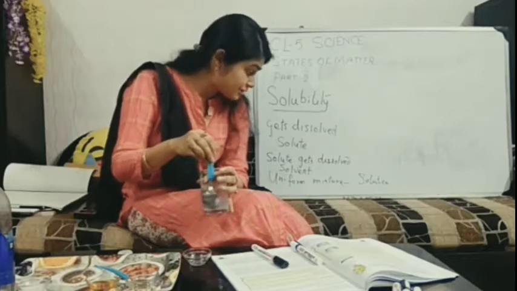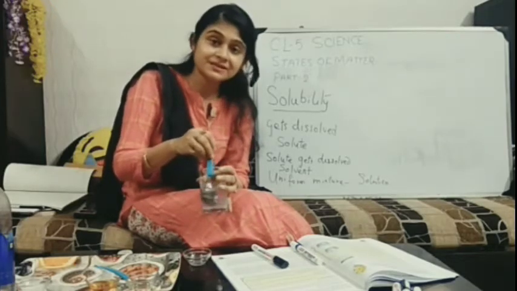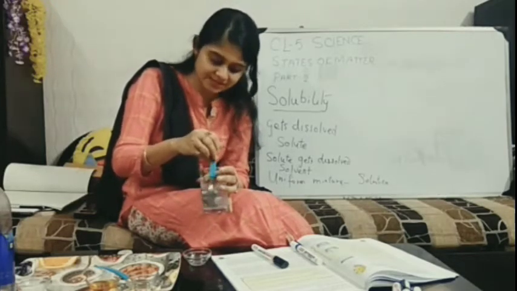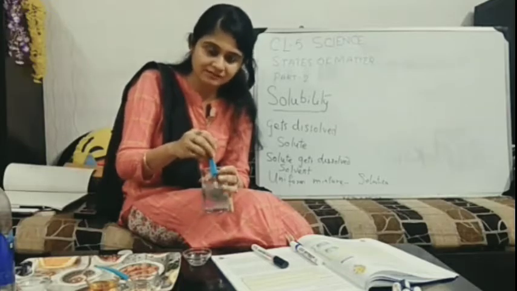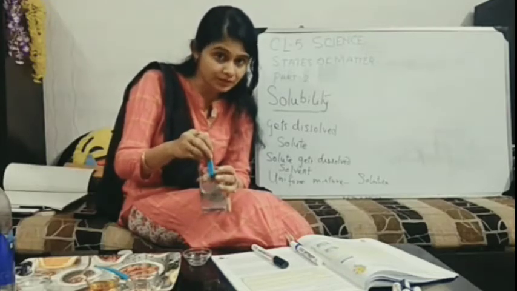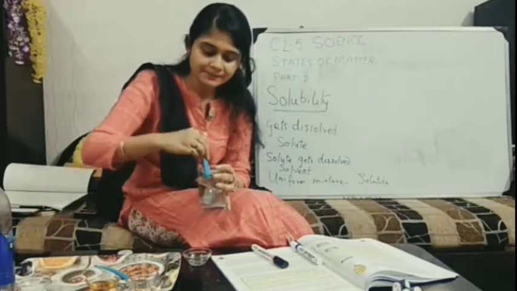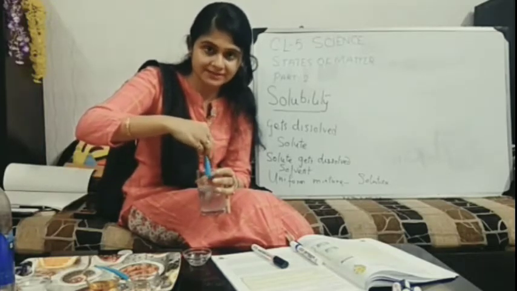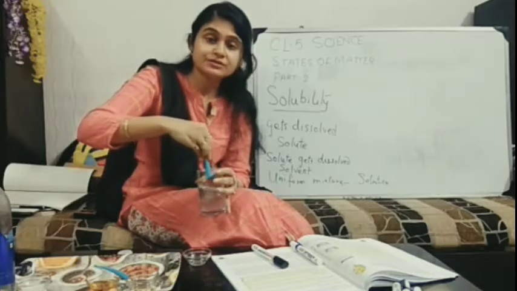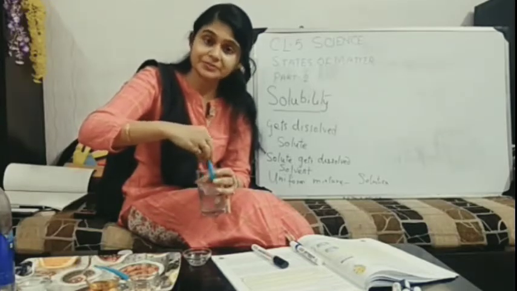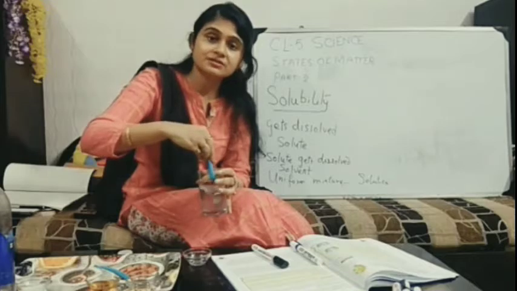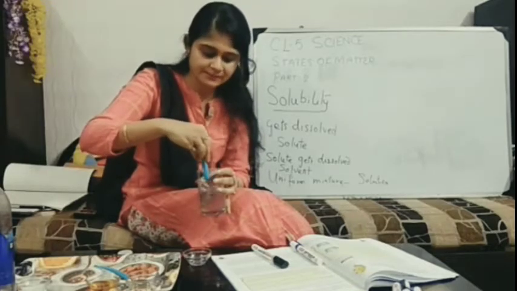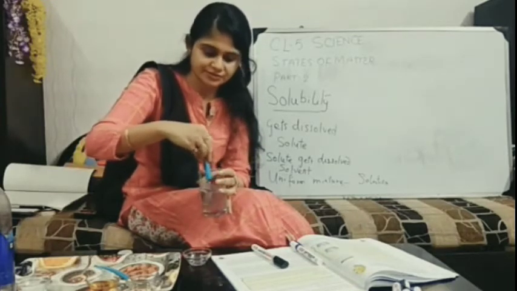Now when it gets dissolved in something, that is called solvent. This sugar, when it gets dissolved in water, that water is called solvent. And this mixture which I am creating now is called the uniform mixture, solution. The previous one, salt, was also a uniform mixture, which is known as solution.